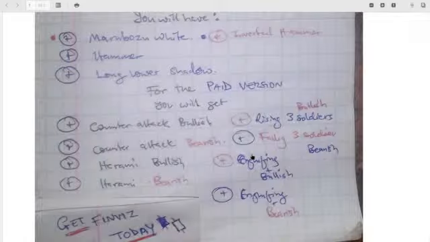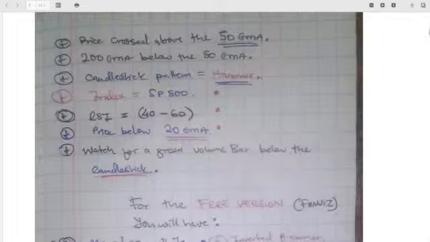And there is a criteria to trading these chart patterns. This is what you are looking for. You want the price above the 50-day moving average, which is called the golden cross, right? You want the 200-day moving average below the 50-day moving average.